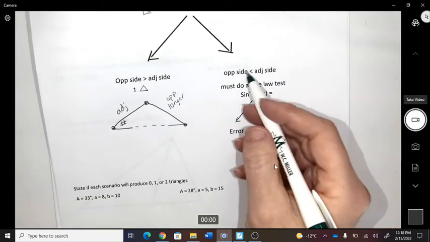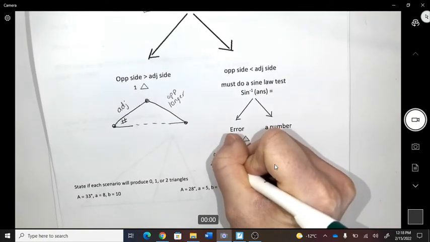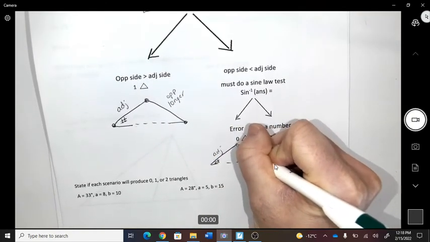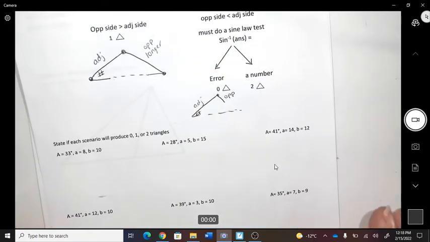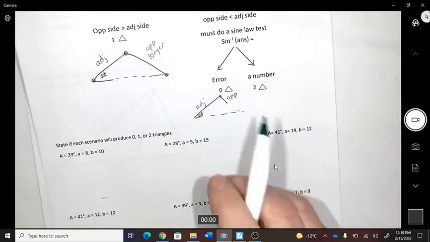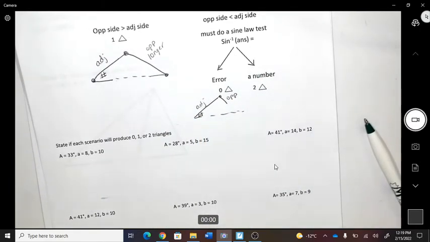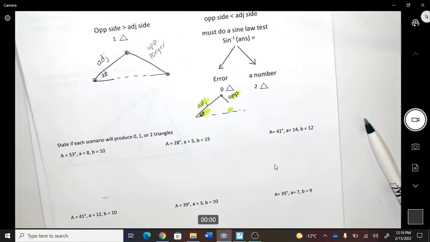If the opposite side is shorter, and it's too short, then there is not going to be a triangle. So if I did sine law and I tried to get an angle, I would get an error.